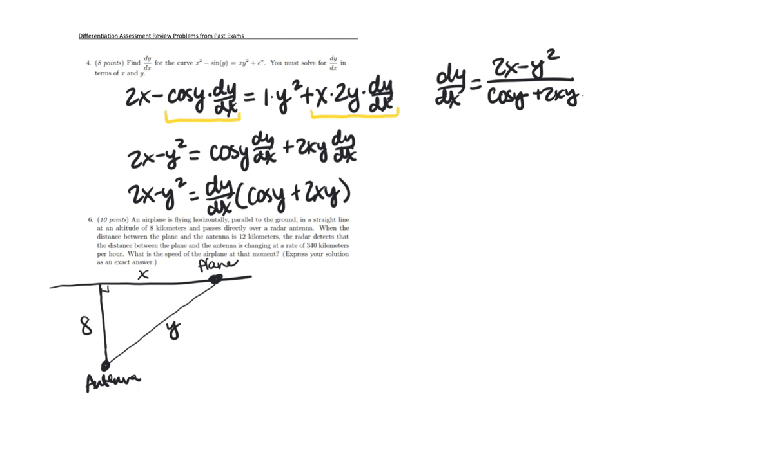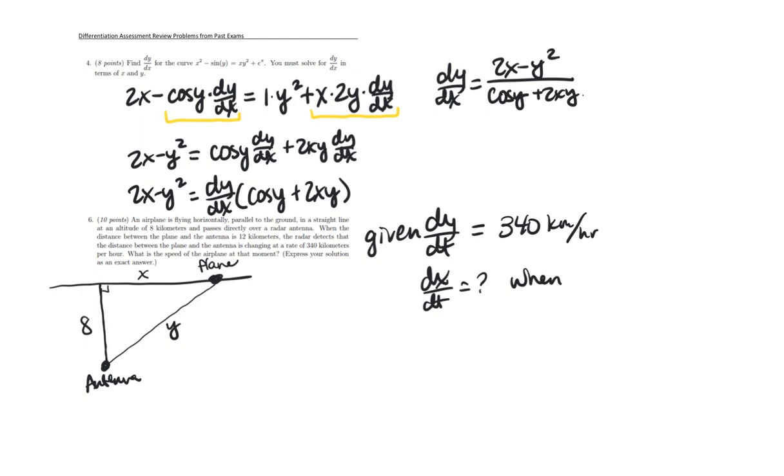So I'm given that dy dt is equal to 340 kilometers per hour, and I'm asked to find dx dt when y equals 12. Okay, so to start, I need to find a relationship between x and y.